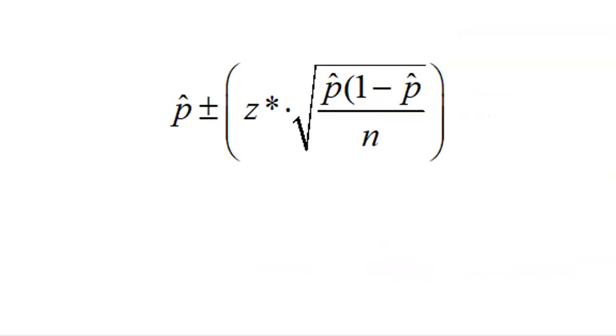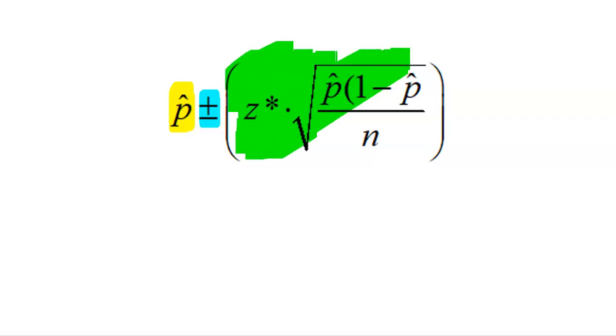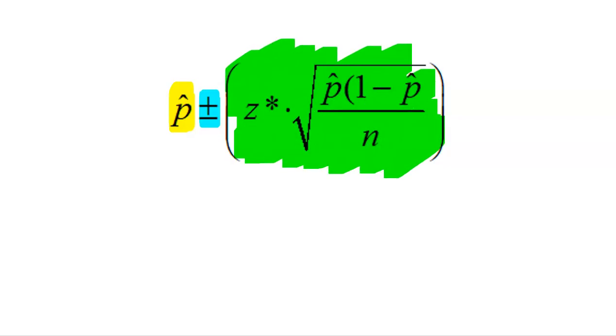All right, here is the generic formula. This is just straight cut to the chase. This is the generic formula for how to actually build your interval. You start with your p hat, that's your sample proportion, and then you add and subtract what's called the margin of error. This entire back part here is your margin of error. The margin of error is created by doing a couple different things.